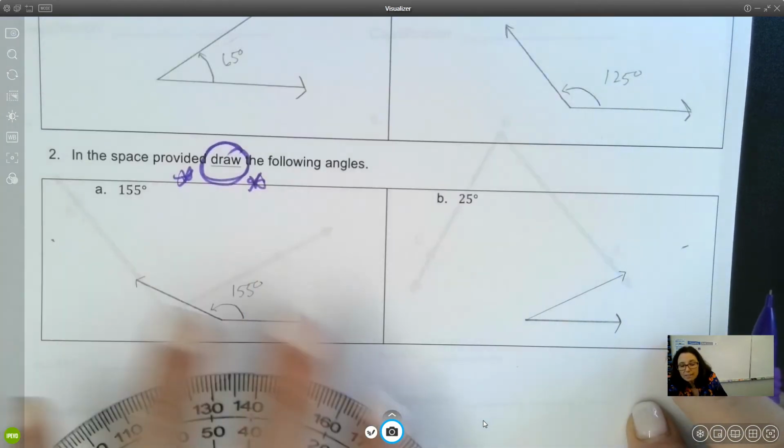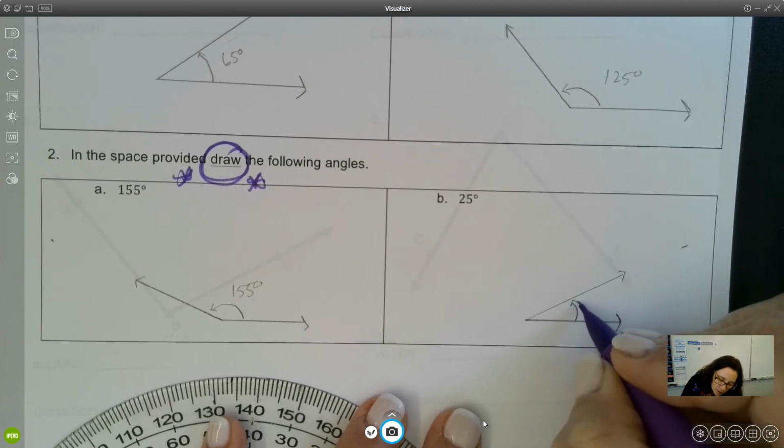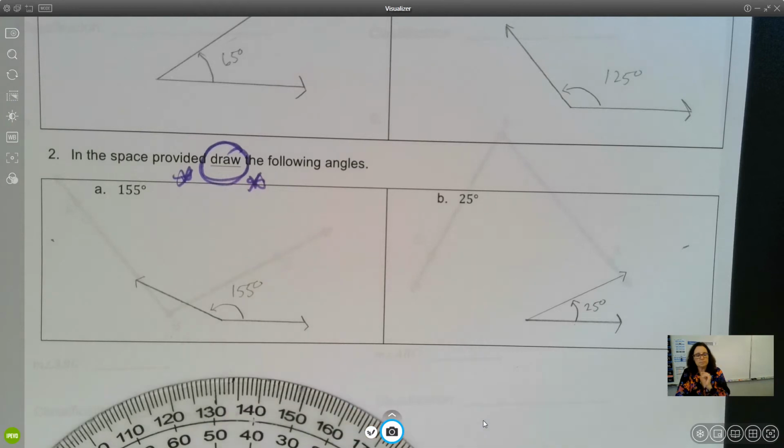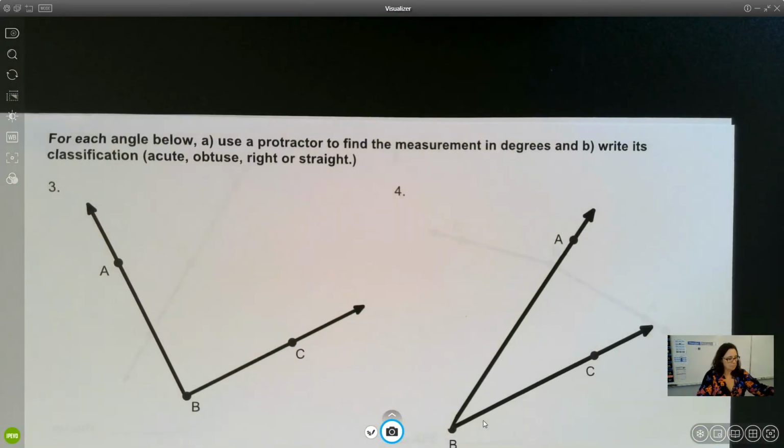Now step 5, label. From here to here is 25 degrees. So you should know how to sketch and draw these angles. Now we're going to go backwards.